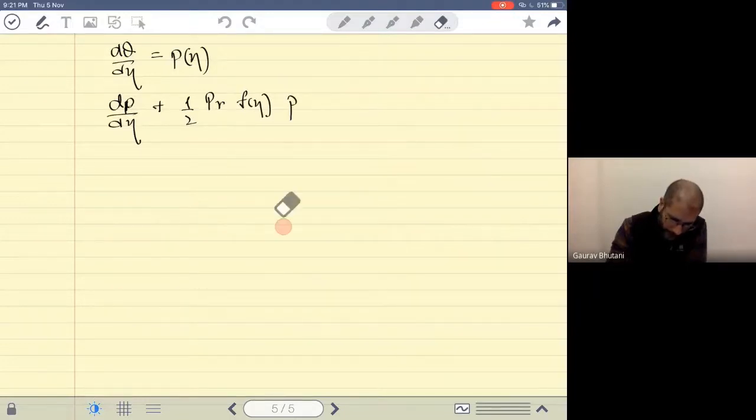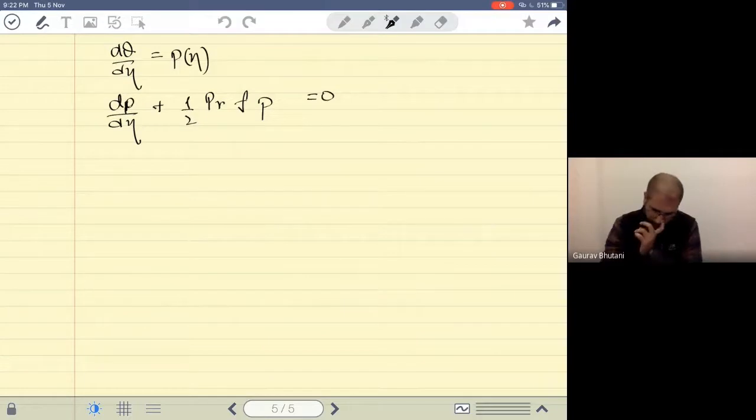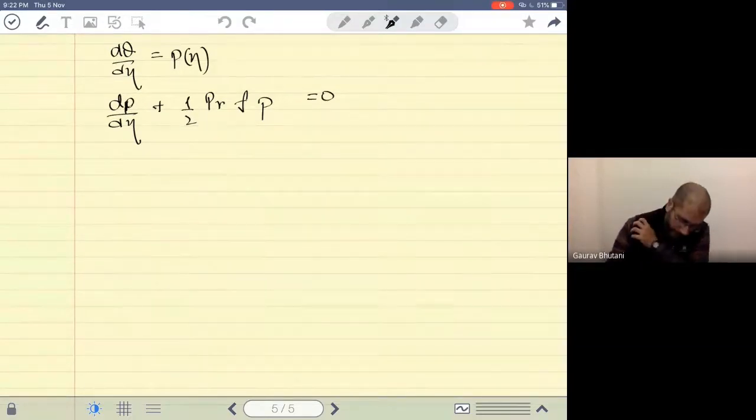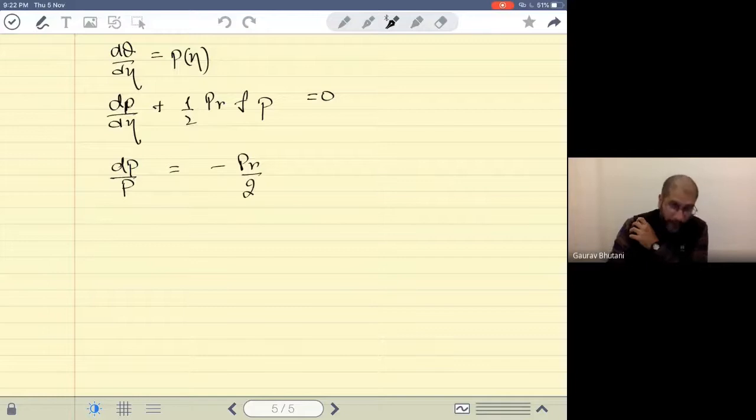Well, let's simply write f, although we know it's a function of eta. So I can separate the variables now. Prandtl number is a constant for a given fluid. And then we have f times d eta. And then we can integrate that.